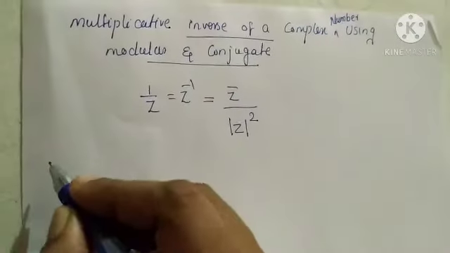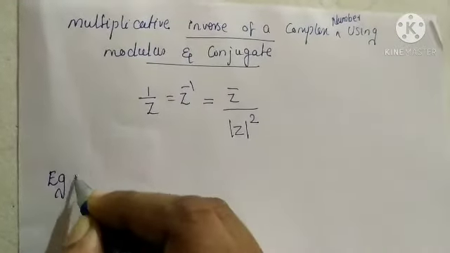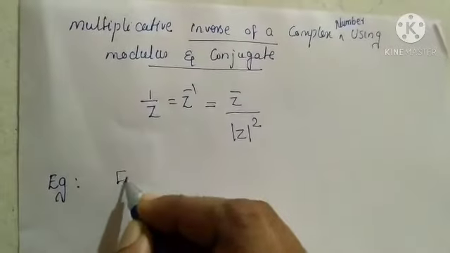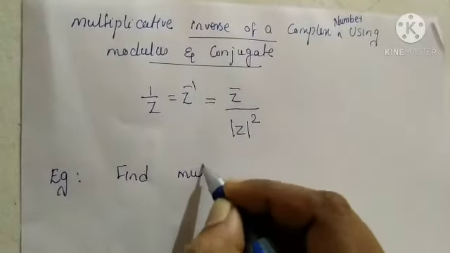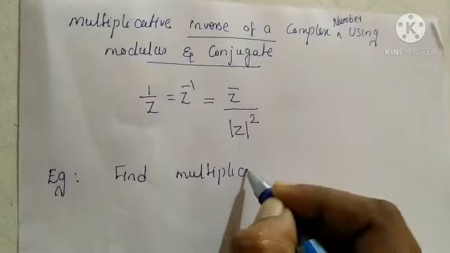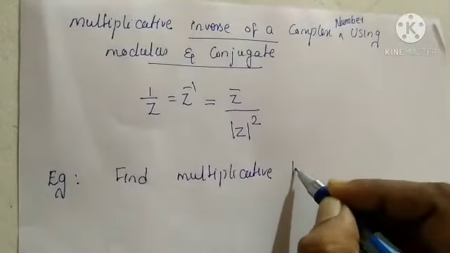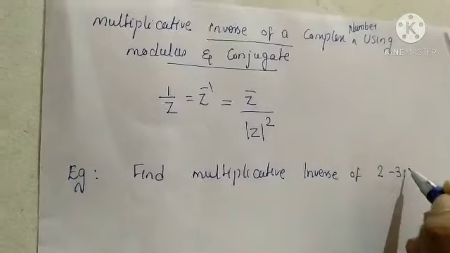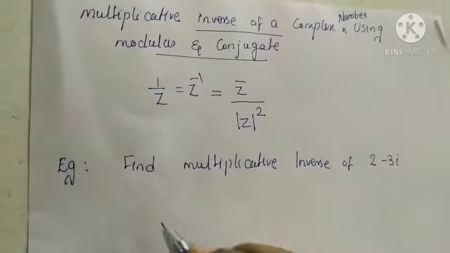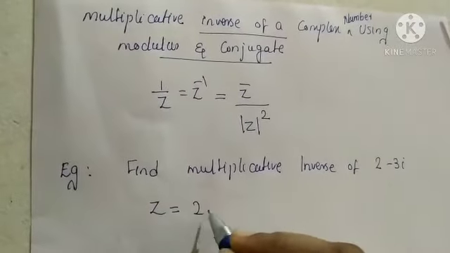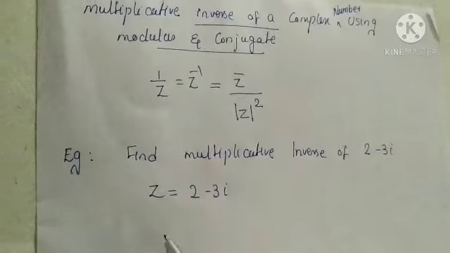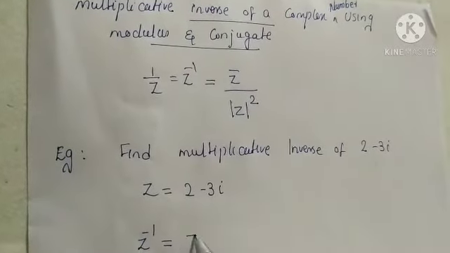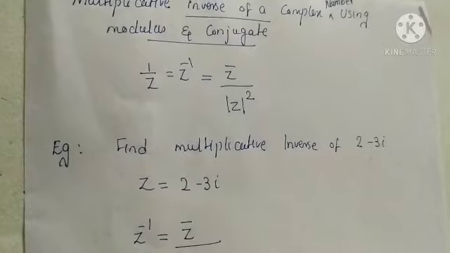So let's do some examples. First example, find the multiplicative inverse of 2 minus 3i. Let z equal 2 minus 3i, and we know that the multiplicative inverse z inverse equals z bar divided by mod z square, right?